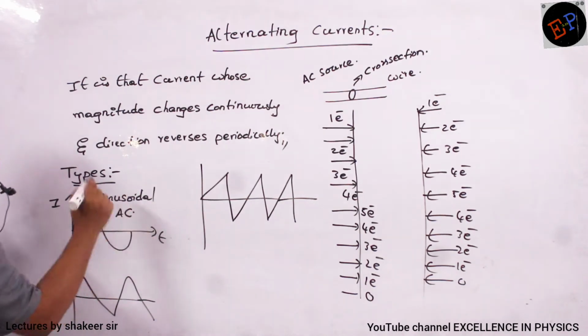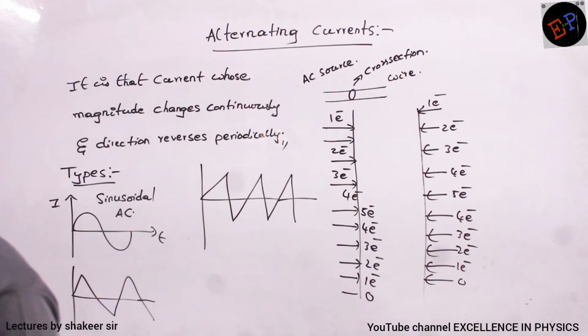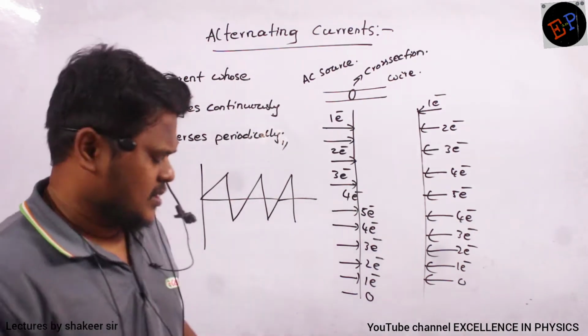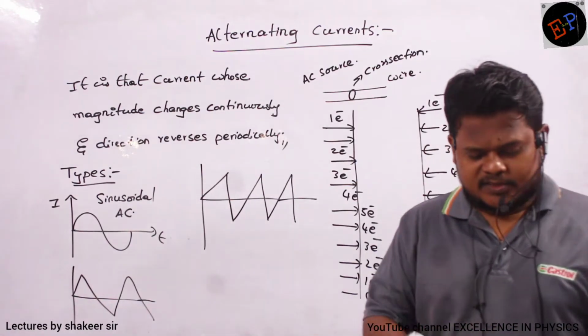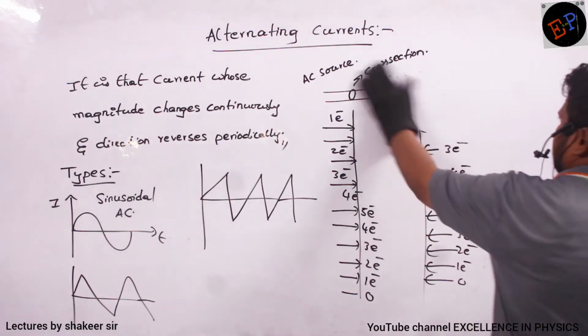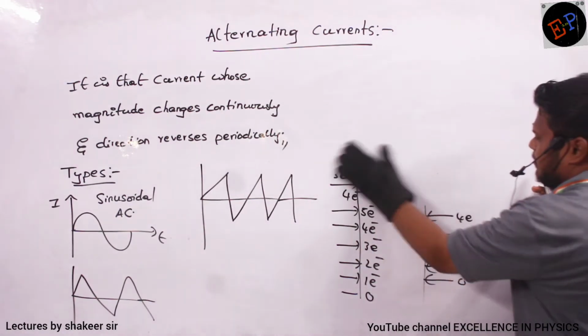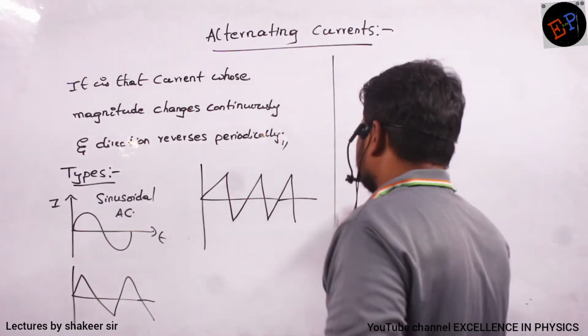Sinusoidal AC. It is in the form of sine curve, no? So it is called as sinusoidal AC. Sinusoidal alternating source of current. Clear? Now see. So how can I write equation of this AC? That we will see. Clear, ma? So, equations.